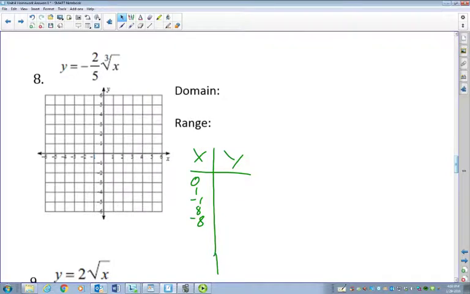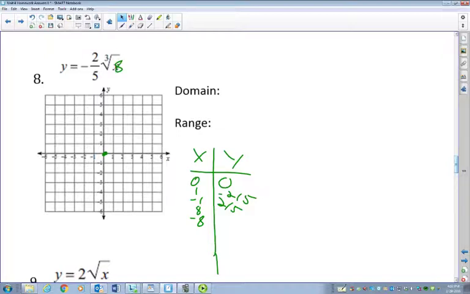So in this case, we would have 0, and that just becomes 0, and then 0 times negative 2/5 is still 0. So we will start our graph off at 0, 0. Then we plug a 1 in there for x. It's going to be 1 times negative 2/5, which is negative 2/5. Then when we plug in a negative 1, it'll be negative times a negative, so positive 2/5. Then we plug an 8 in.